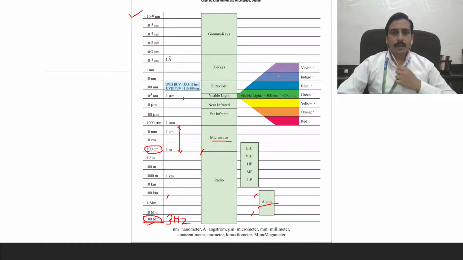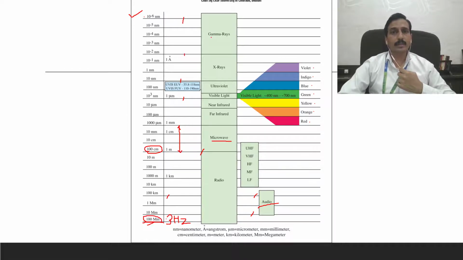Now as far as X-rays are concerned, those come into the range 10 raised to minus 1 nanometer to 10 nanometers. X-rays come, and gamma rays come for very high frequency ranges, that is 10 raised to minus 2 nanometers to 10 raised to minus 6 nanometers.